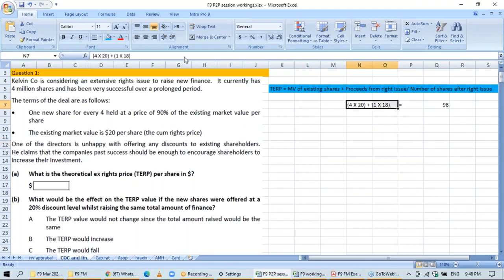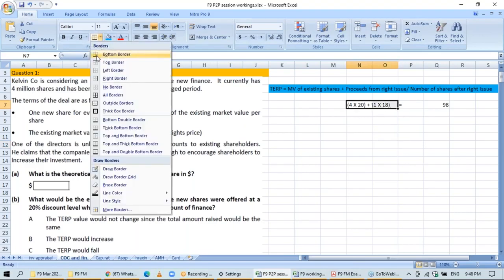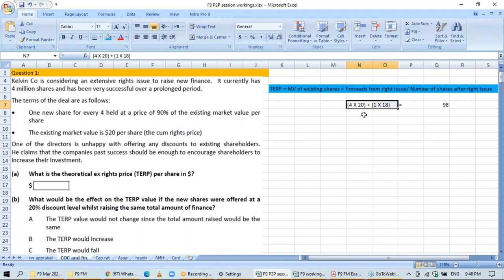80 is the market value of existing shares, and further shares that will be issued will be 4 million plus 1. So that will make the number of shares 5 million, and the further 1 million shares will attract 18 per share, as the right price has been 90% of the market price, which is 18.